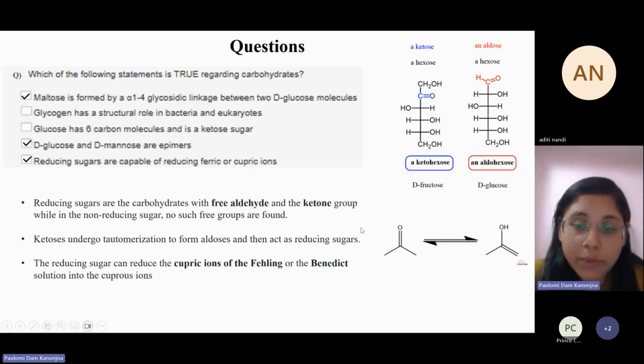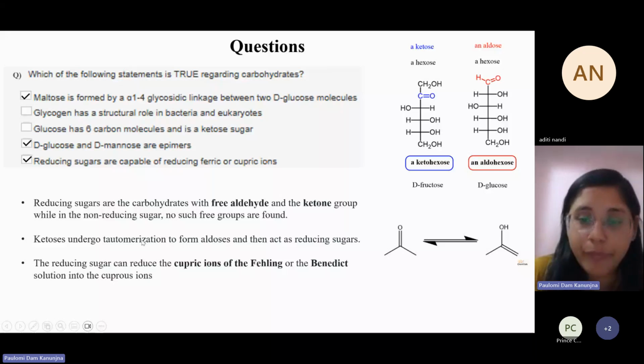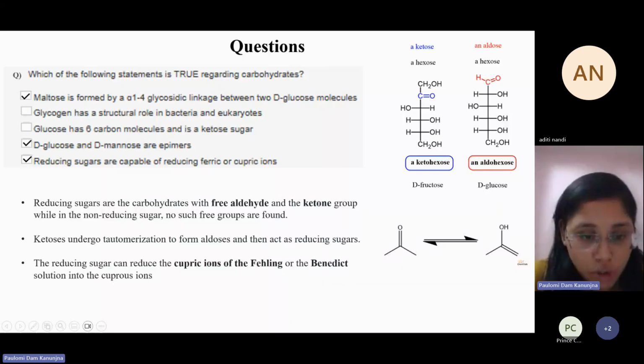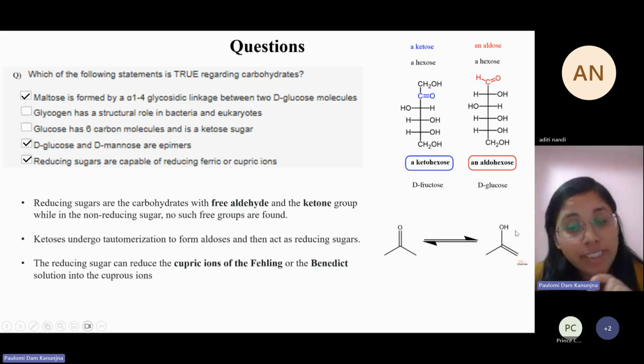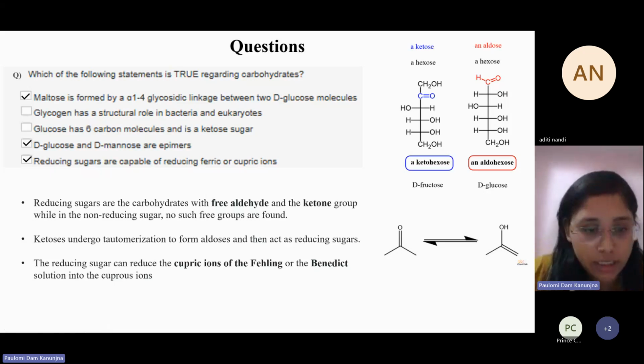It is also possible if it has a ketone group, but the ketone has to undergo tautomerization to form an aldose, so basically a keto-enol tautomerization. So this O group here becomes OH, and this H can then be donated to reduce the other sugar or component.